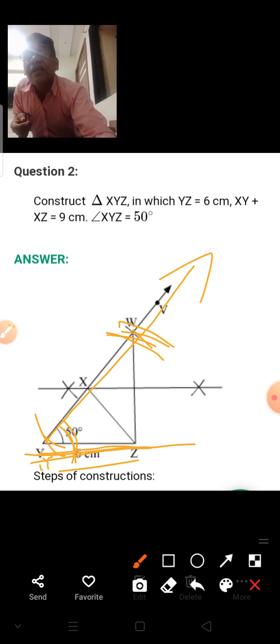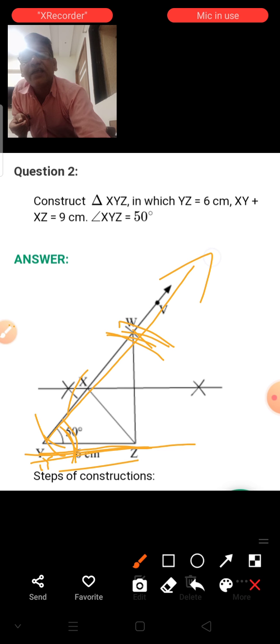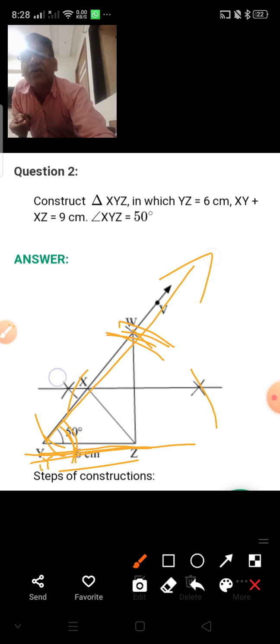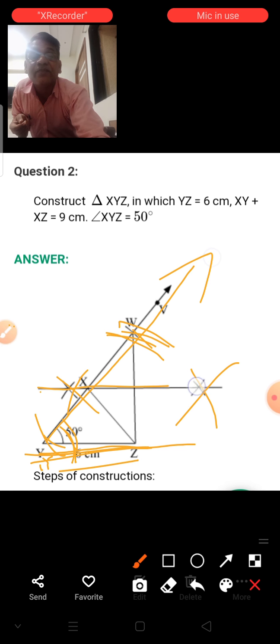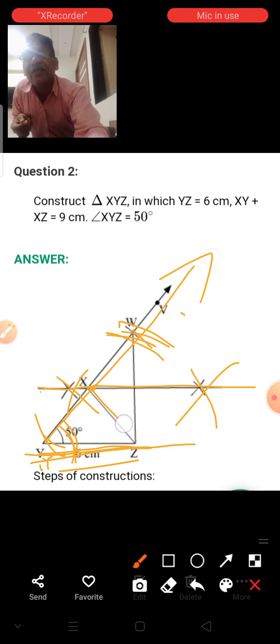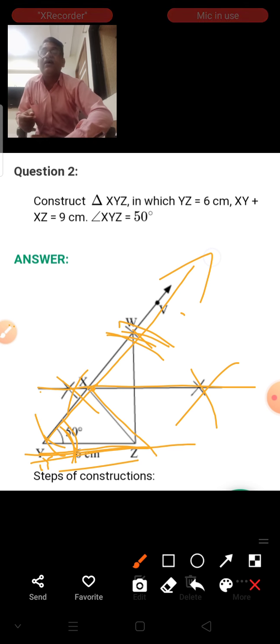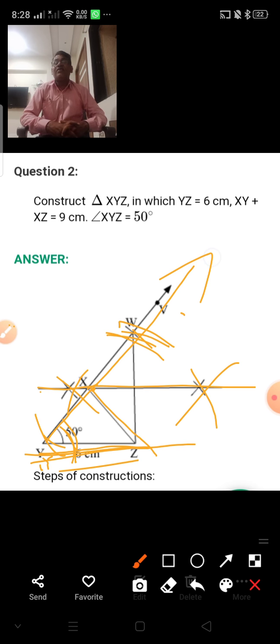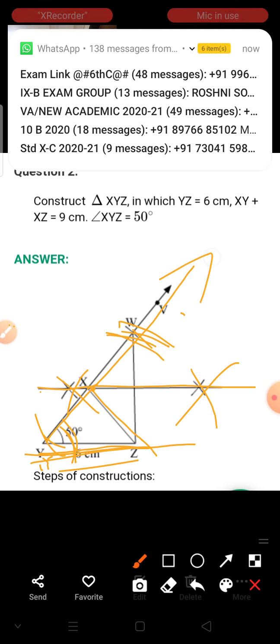You get one arc here, one arc here also, and draw this line. Now this line intersects YV at point X. This point is called X, and then join XZ, you get XYZ. You get the XYZ required triangle.